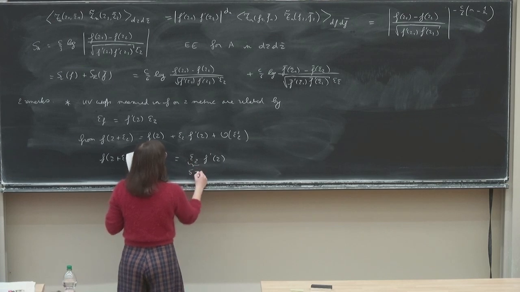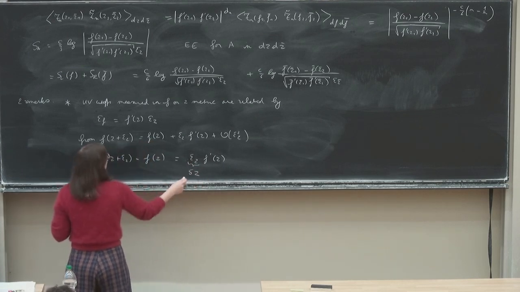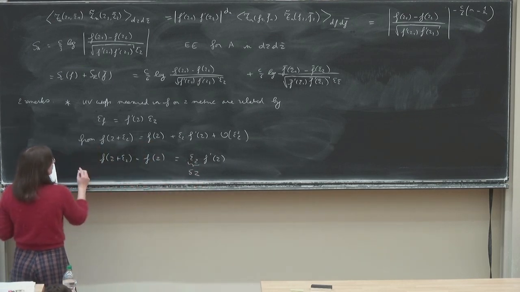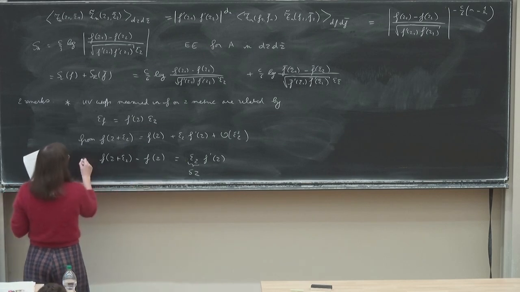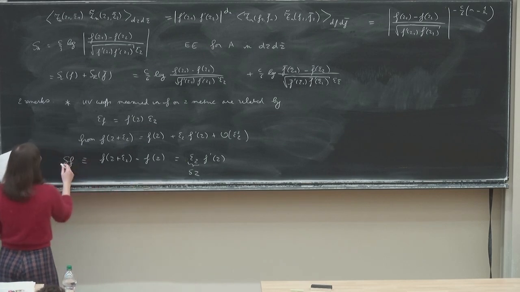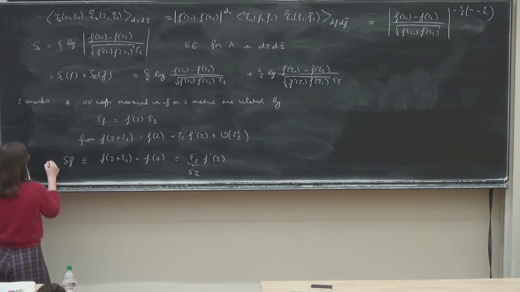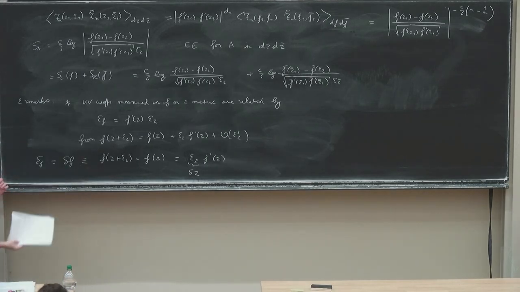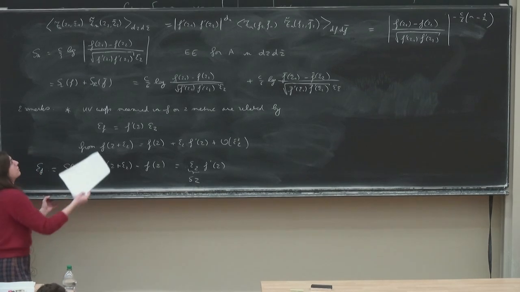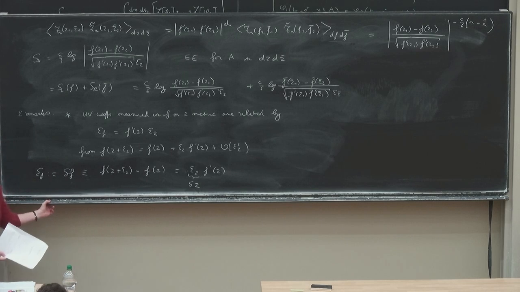So if you call this a small delta z distance and this object a small delta f distance, which you could call epsilon f, then you find this relation. So this is another way in which you can remember this denominator in the entanglement.